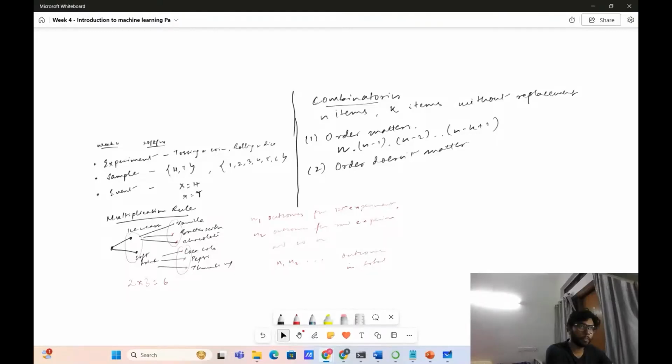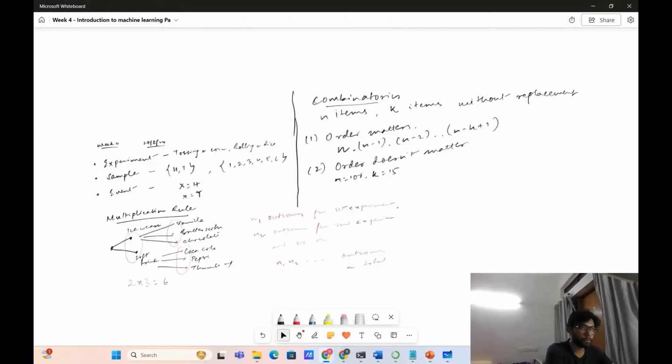You want a team of, let's say, 3 people, and you have 10 persons to choose from. Let's say BCCI is forming the cricket team. They want 15 players from a pool of, let's say, 100 players. So your n is 100 and your k is 15, right?